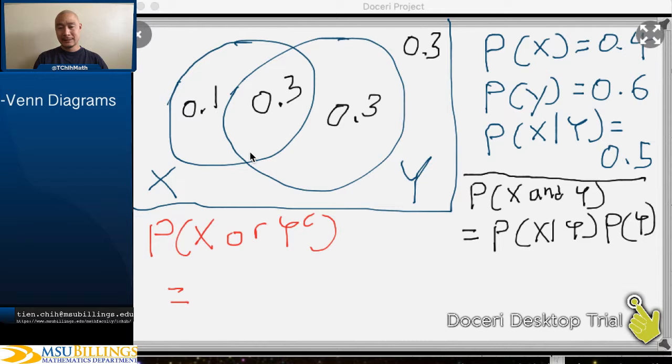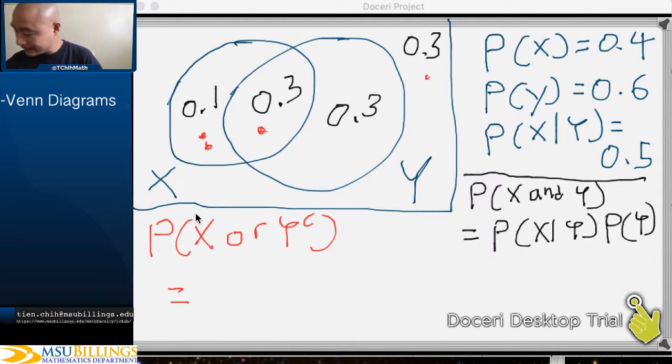So P of X or Y complement is this piece here, right? That's in X. This piece here, that's also in X. Y complement is this piece here, right? That's not in Y. And the outside, right?